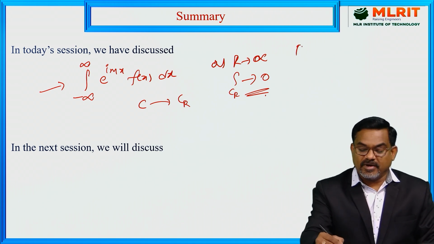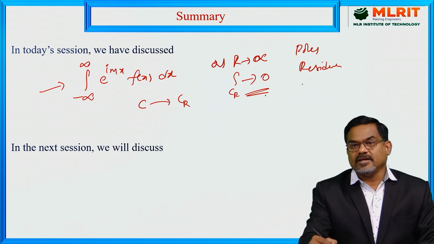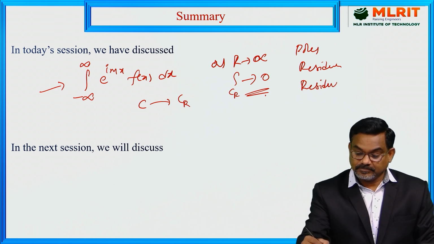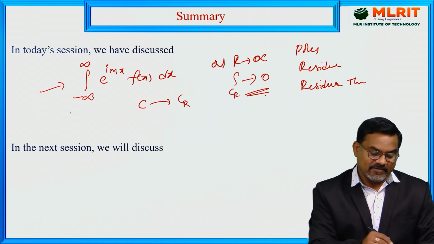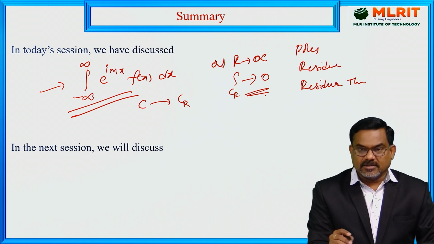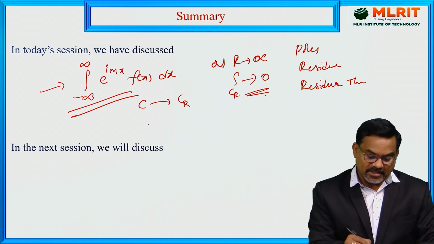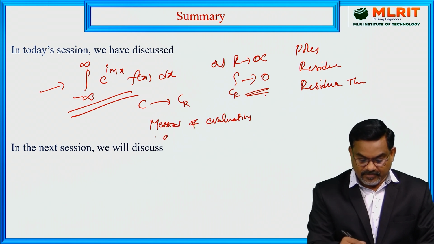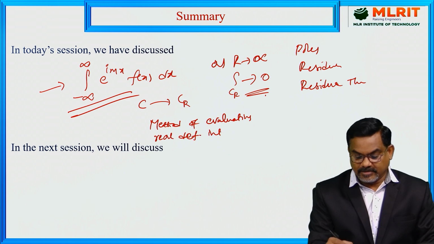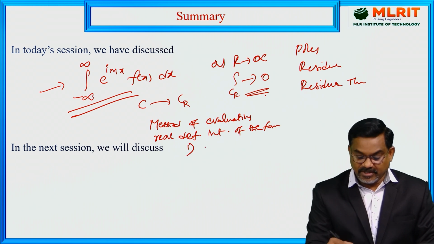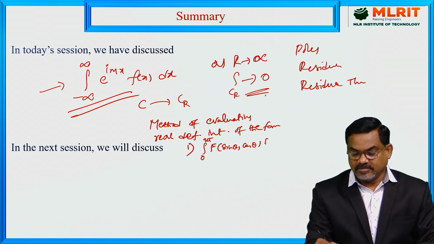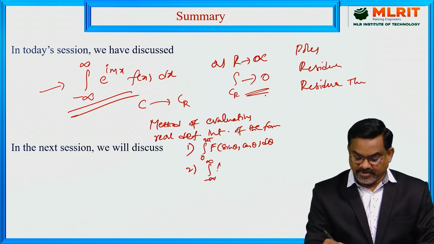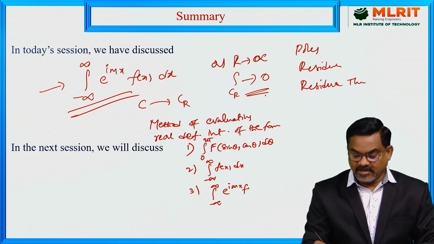By finding the poles and residues and then using the residue theorem, we can evaluate the given integral. In the last 3 sessions we have discussed methods of evaluating real definite integrals of the form: first, the integral from 0 to 2 pi of a function of sin theta and cos theta; second, minus infinity to plus infinity f of x dx; and third, minus infinity to plus infinity e power imx f of x dx.